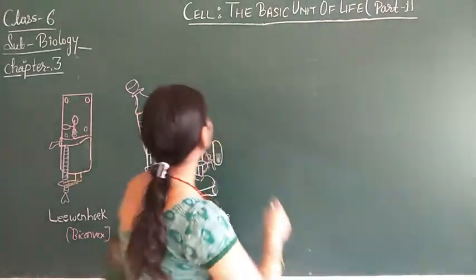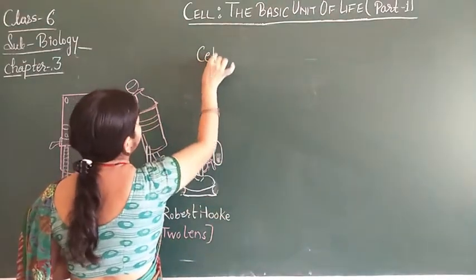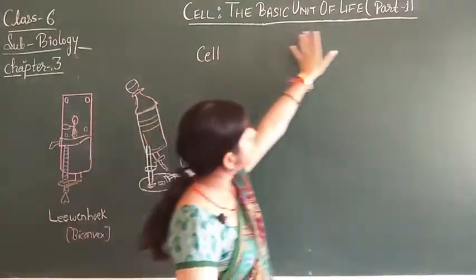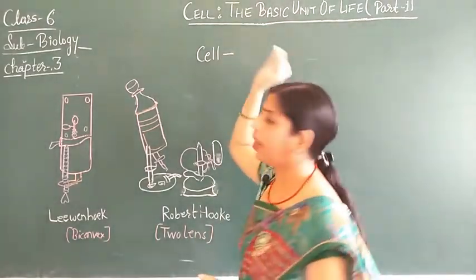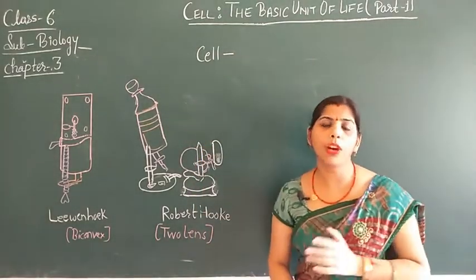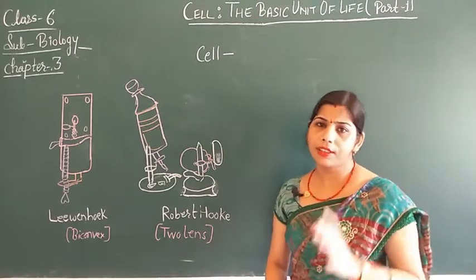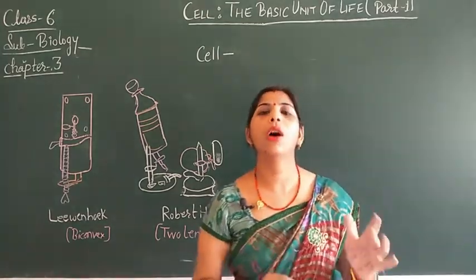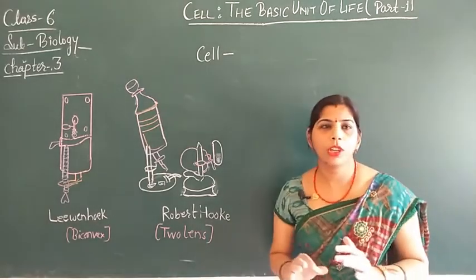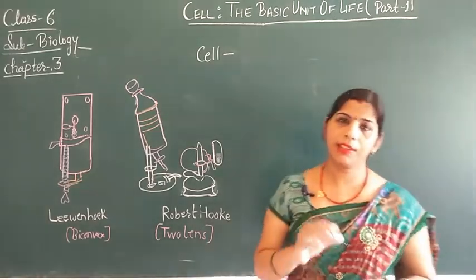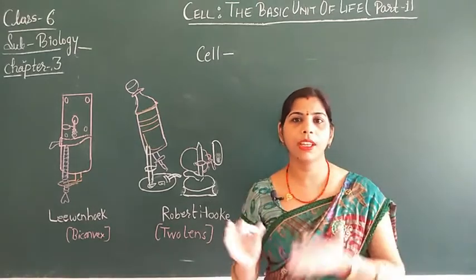When we think of the word cell, why is the cell known as the basic unit of life? It is very easy to compare. Whenever construction work is going on around your house, you observe the mason making the house.